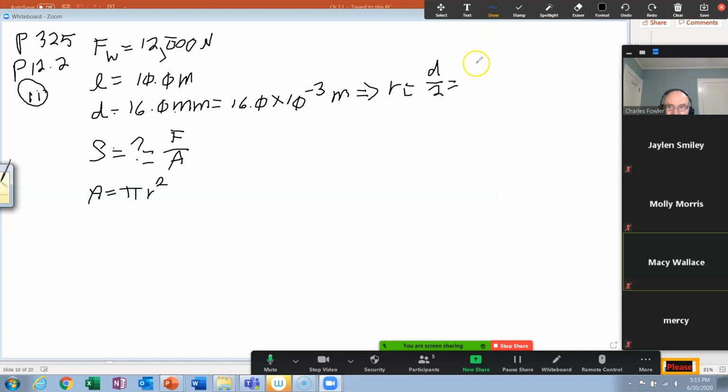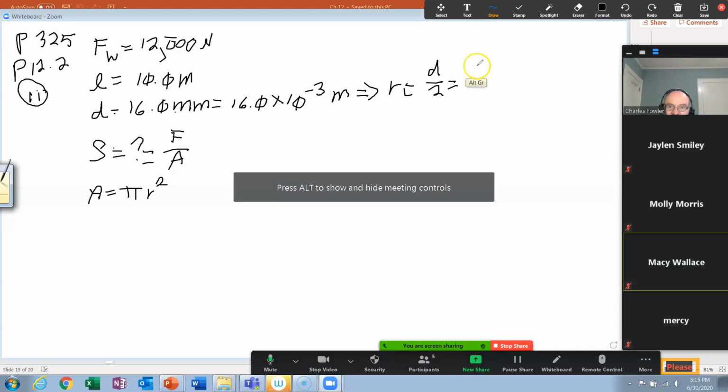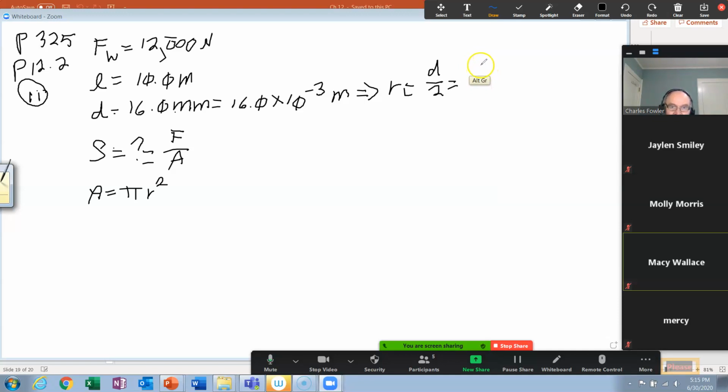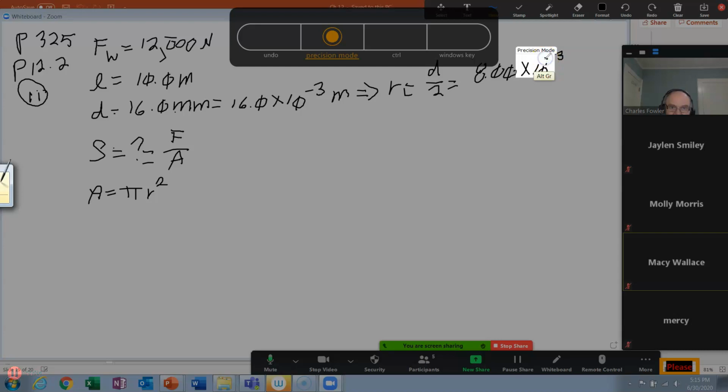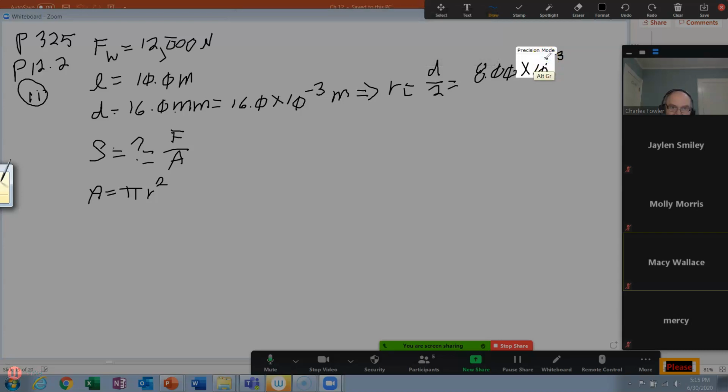It's a new device. I don't know it yet. So 1/2 of 16 times 10 to the minus third meters would be 8.00 to get our 3 significant digits in there. 8.00 times 10 to the minus 3. It doesn't do minus signs well either. I'm left-handed and I tend to push.